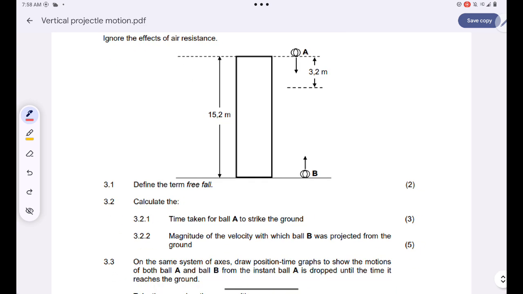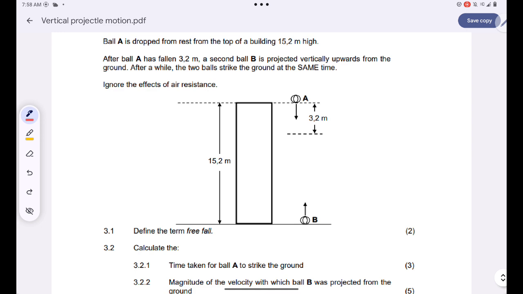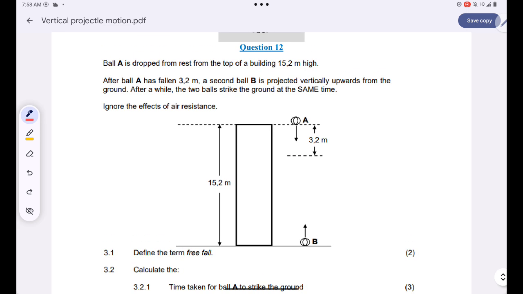Okay. We are told that ball A is dropped from rest from the top of a building which is 15.2 meters high. After ball A has fallen 3.2 meters, a second ball B is projected vertically upwards from the ground. After a while, the two balls strike the ground at the same time.